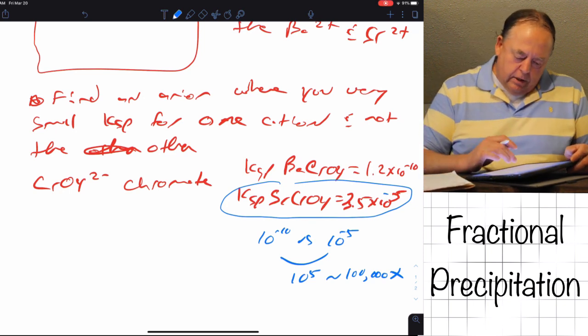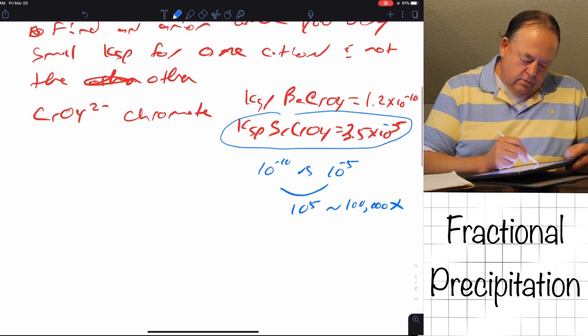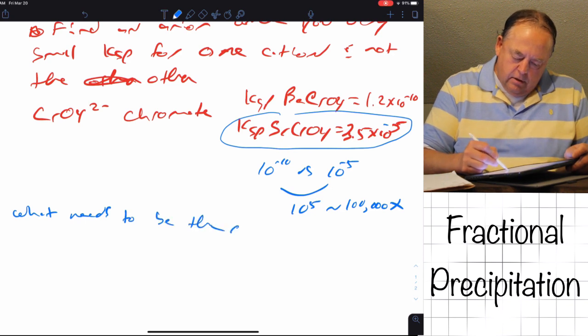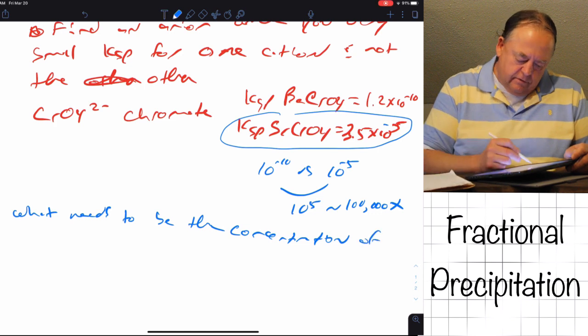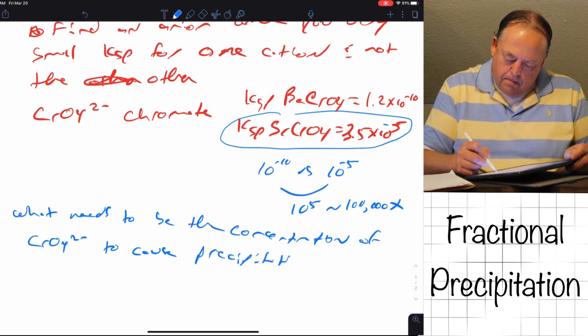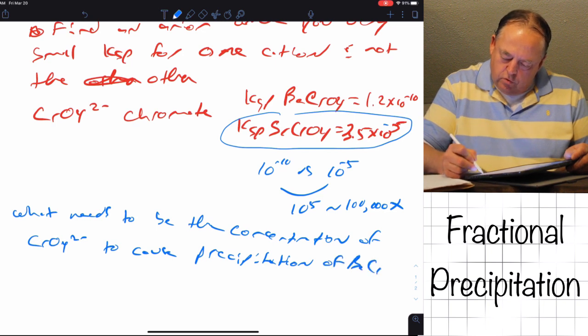Okay, so what we want to ask then is, what needs to be the concentration of CrO4 2- to cause the precipitation of barium chromate?